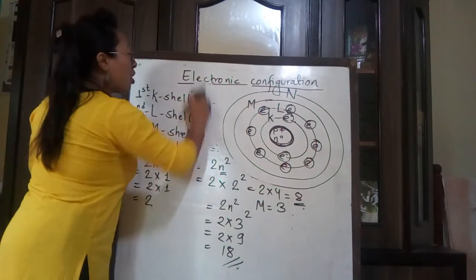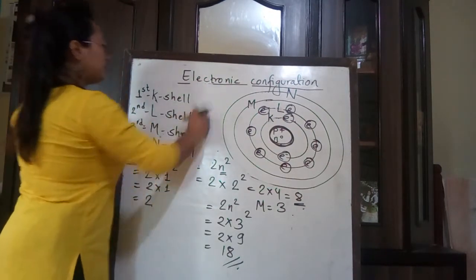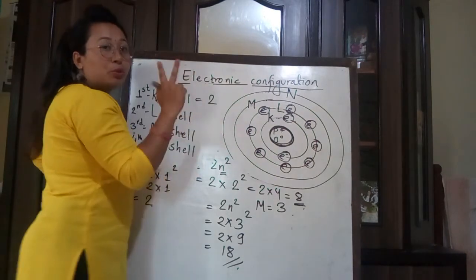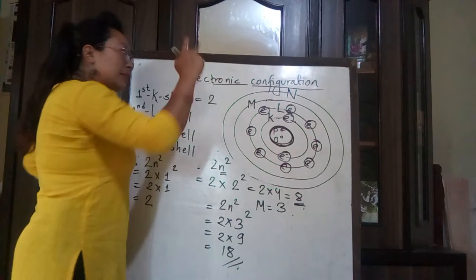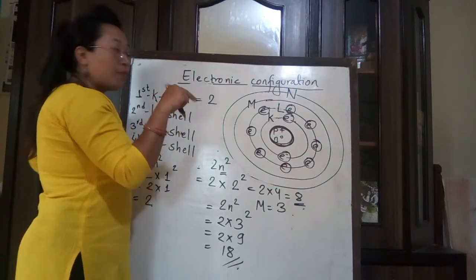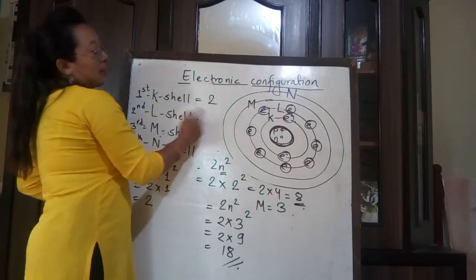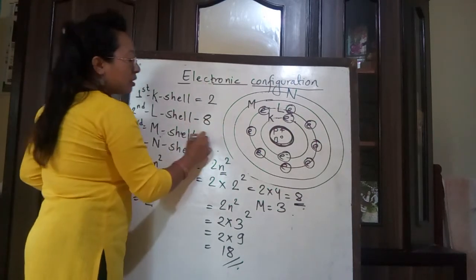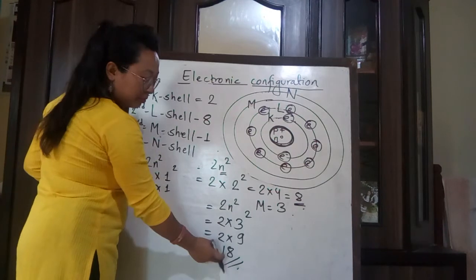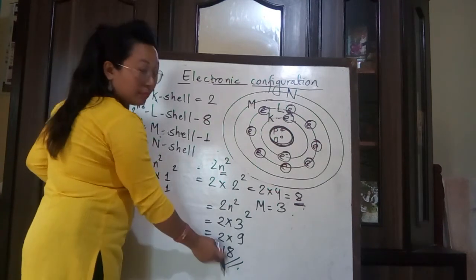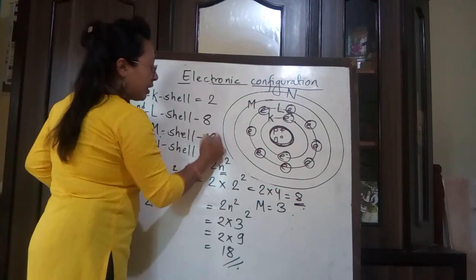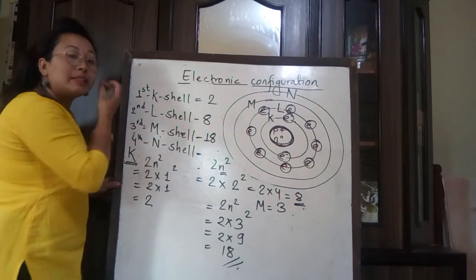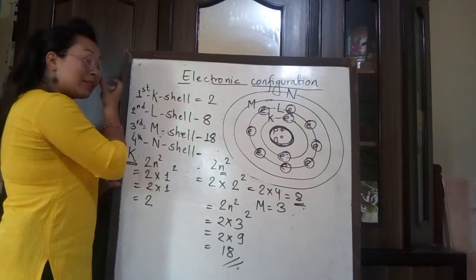In the K cell, how many electrons can it hold? 2. Only 2 electrons, यसले जम्मा 2 टा मात्र अटाउन सक्छ. Similarly, the L cell can hold up to 8 electrons. The M cell can hold up to 18 electrons. And the last one, the N cell: what is the value?